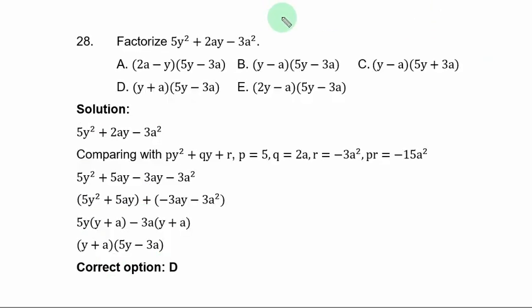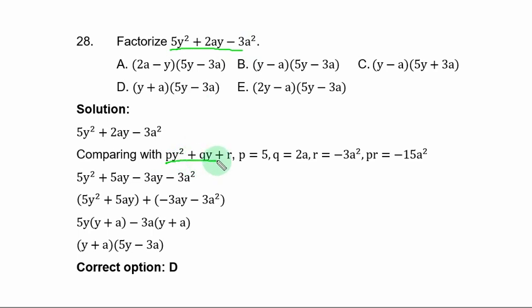Question 28. Factorize 5y squared plus 2ay minus 3a squared. Solution. Let us write the general quadratic equation in this form.